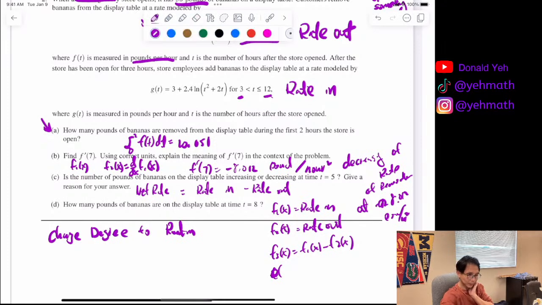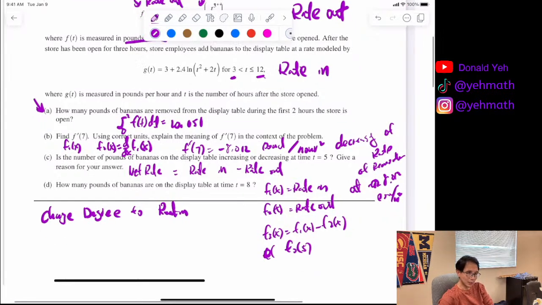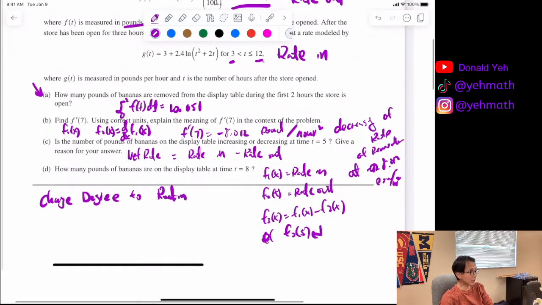Why do you take... I didn't take a derivative. I just do rate in is f1, rate out is f2, and I will do it on the calculator. Graph a function called f3. Then you can use the calculator function to evaluate f3 of 5, because f3 is equal to f1 minus f2, plug in 5.